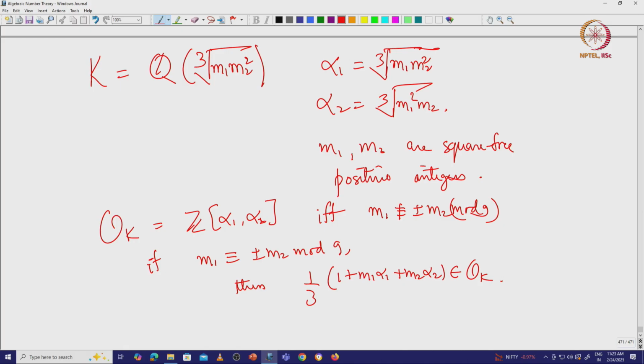So, this gives a complete answer, and in this particular case d_K is minus 27 m1 squared m2 squared. In the other case d_K is minus 3 m1 squared m2 squared. So we were in the middle of proving this.